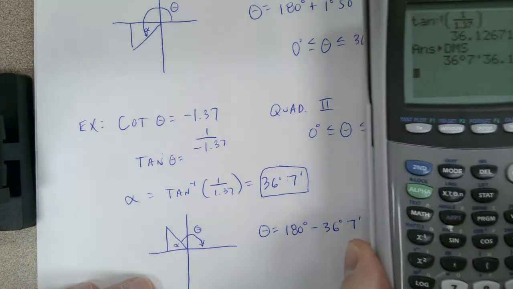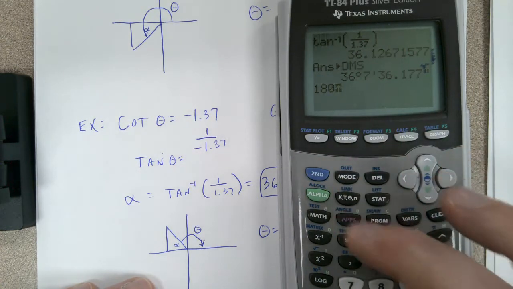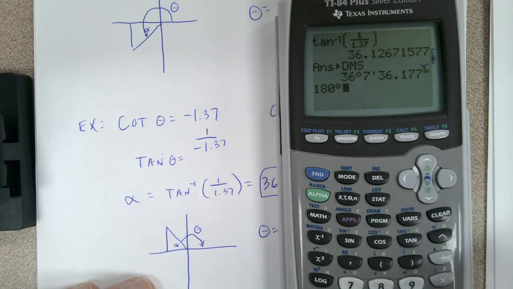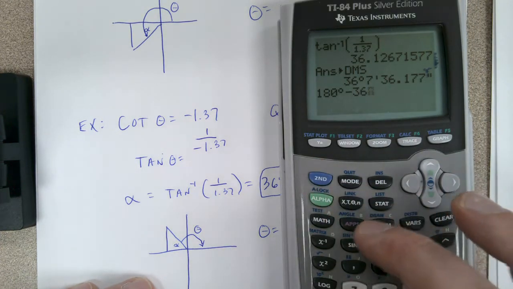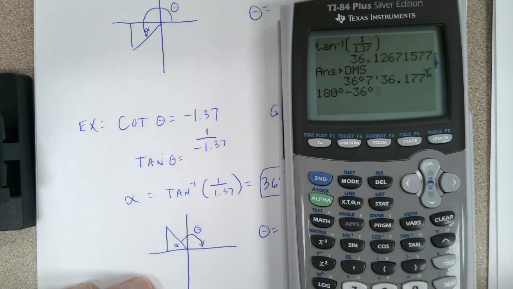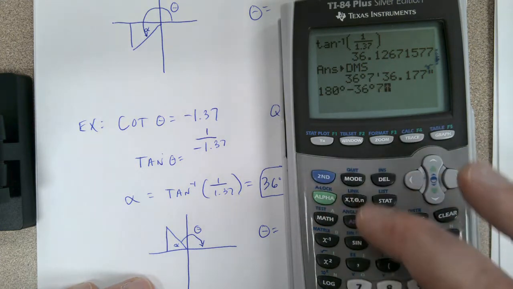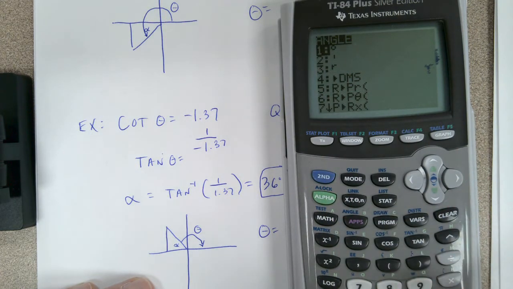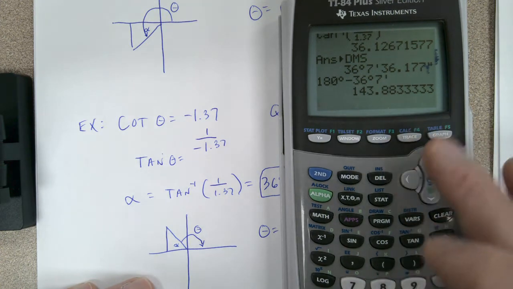Okay, so if we go back to our calculator here, we could do 180 degrees minus 36 degrees and 7 minutes. So 7 minutes is 7 over 60, and we hit enter, and that's 143.8833.